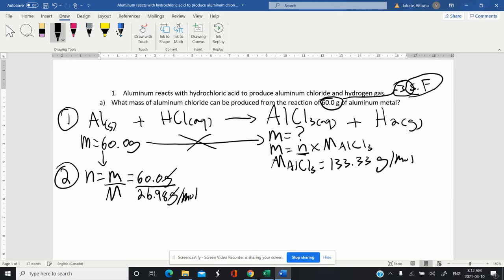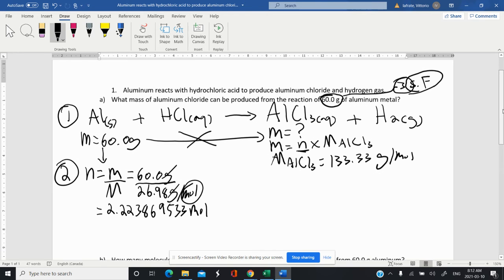And so the units of grams cancel out, and you're left with moles at the end. And so we get 60 divided by 26.98. And that leaves us with 2.223869533 moles.